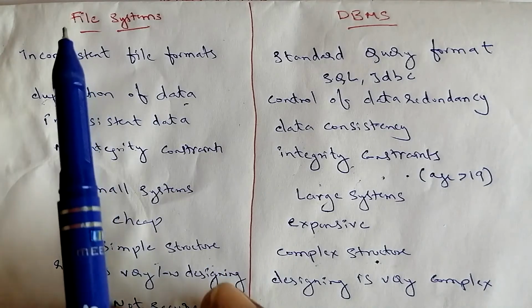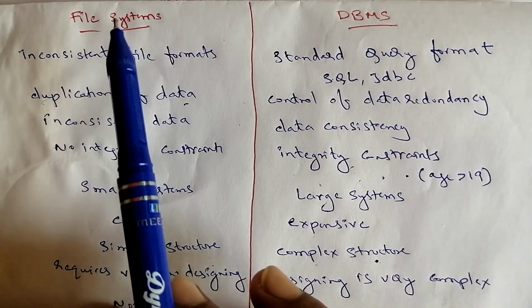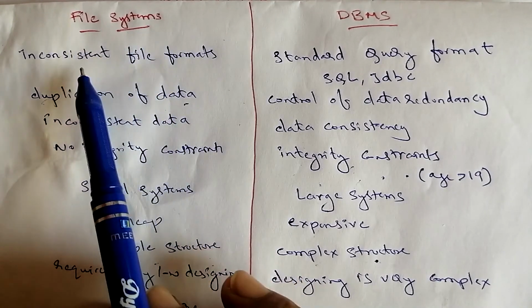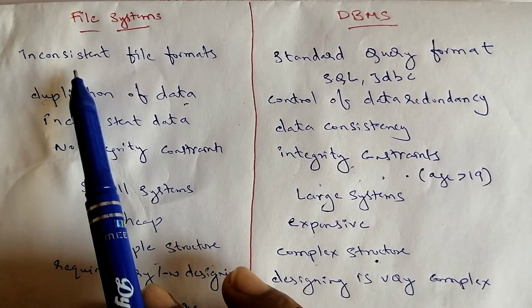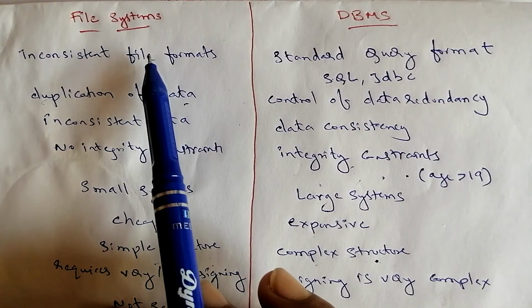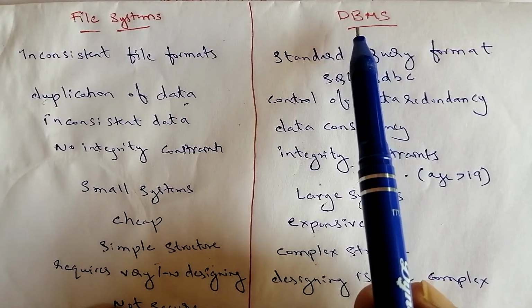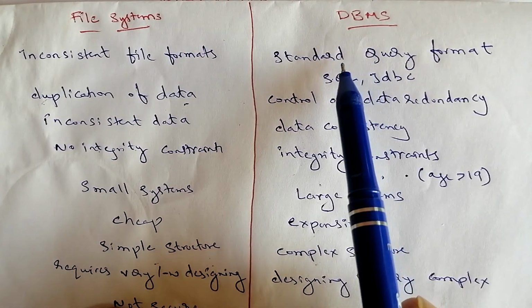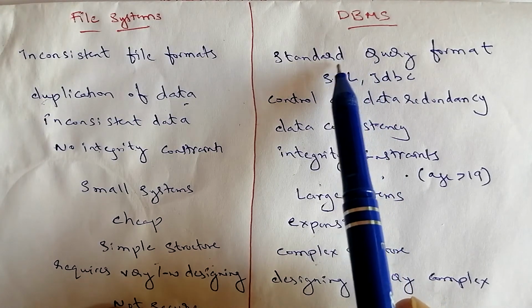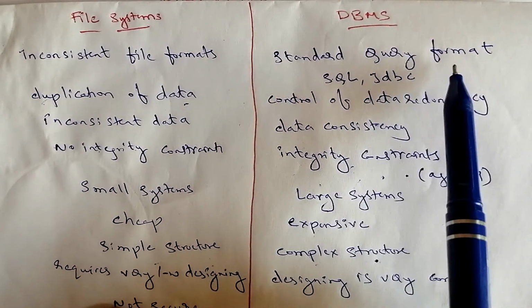Let us understand the difference between the file system and DBMS through a tabular format. In the file systems, we are going to have inconsistent file formats. That is, every file can be of a different format. Whereas in the DBMS, the data is stored in tables, and everything is in some standard format, so it's a standard query format.